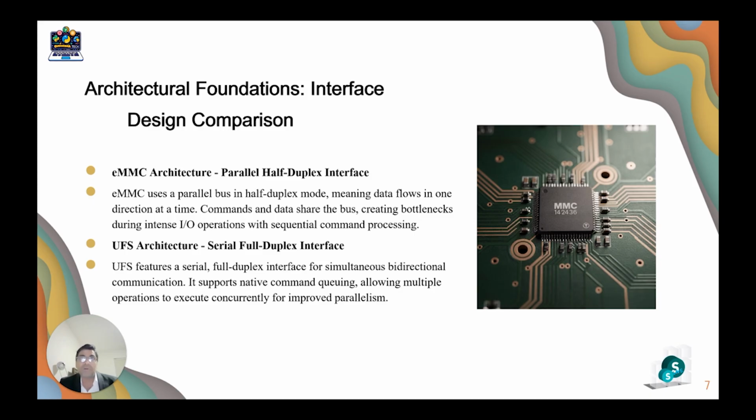You are not exploiting the real hardware benefits here, because of this half duplex, it always ends up in problems. But UFS is full duplex. You can do bidirectional transfers. The command queuing is pretty good, so we can do multiple operations, as I spoke about already.